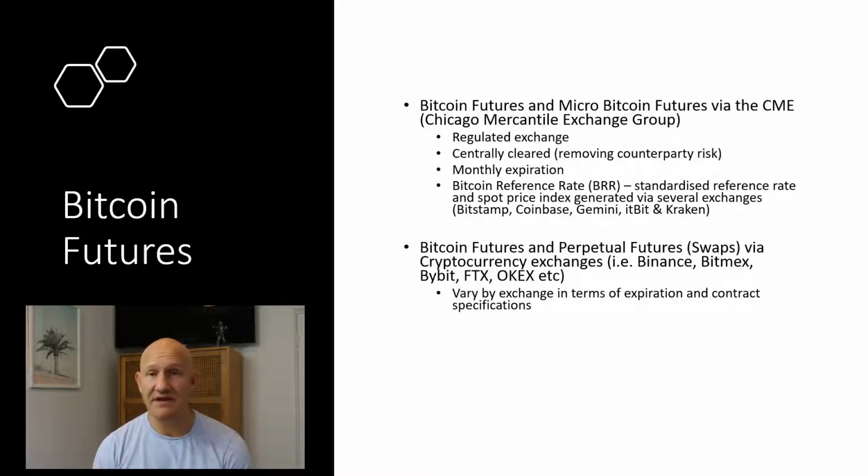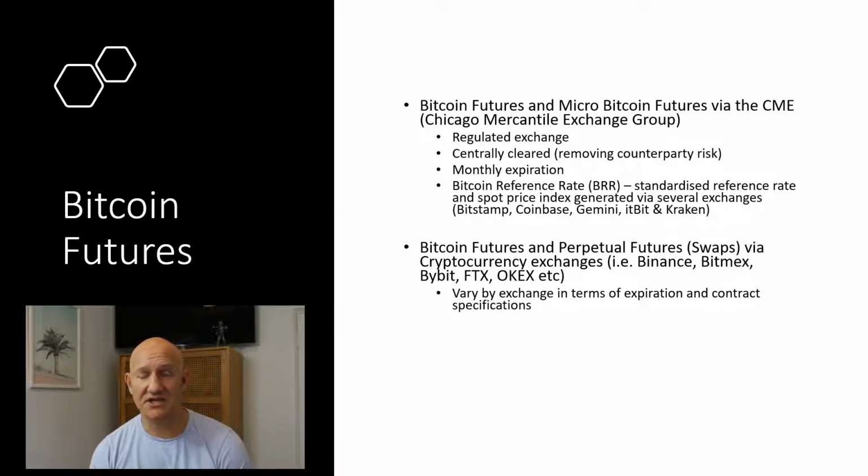And so the CME, that's the Chicago Mercantile Exchange Group, is a traditional futures exchange. They offer Bitcoin futures and micro Bitcoin futures. So the advantage of the CME is that they're a regulated exchange, which means that traditional financial institutions can use them, and it also opens up access to other investors through brokers that use the CME as their futures exchange.